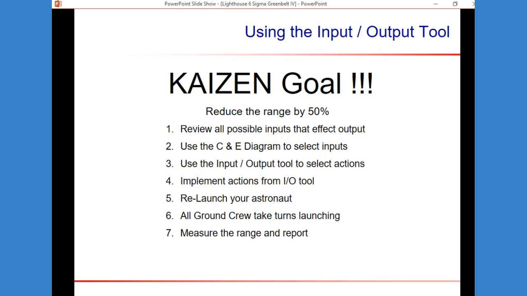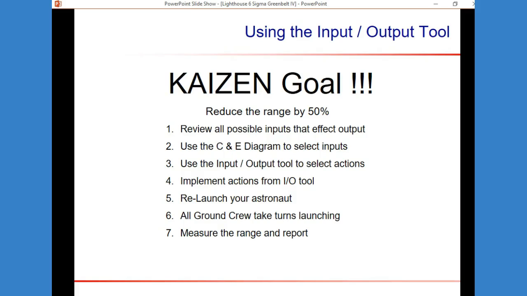I got little post-it notes out here on the table, but just as a group, I want you to write down ideas and say, I think this affects, I think this affects, and then I got categories on here. So it's method, how you're doing it. It's the machine itself. Man, which is the person, what is the person doing that could be affecting the output, and then measure. Maybe it's how we're measuring that affects the output.